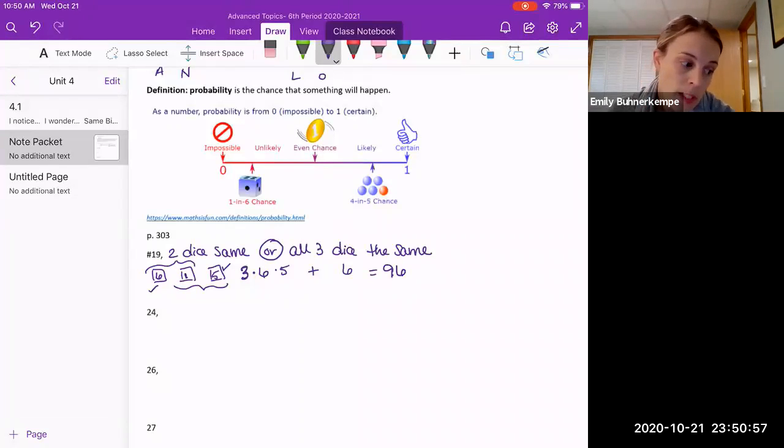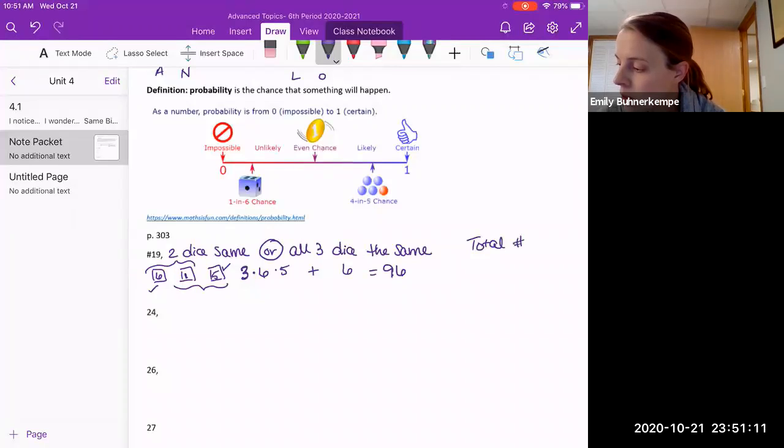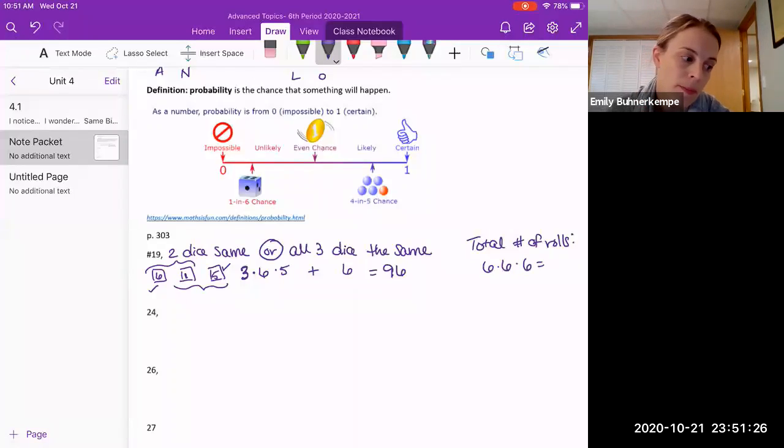Now this problem is specifically asking us about probability. So probability needs the chance that something will happen. So we're going to need to divide by the total number of options here. If you didn't put any restrictions on these die, you would have 6 different options for the first die, 6 for the next die, and 6 for the last die, or 6 to the third.